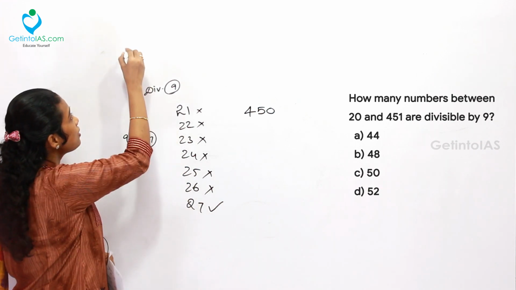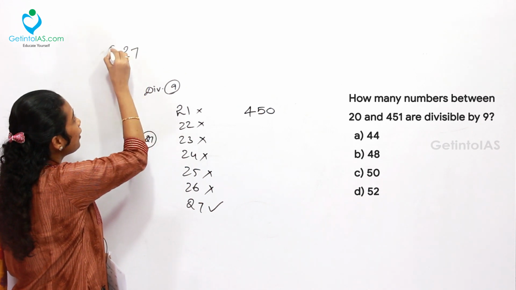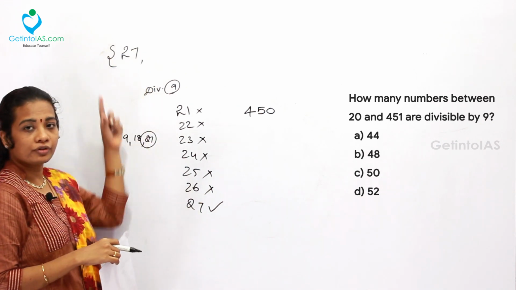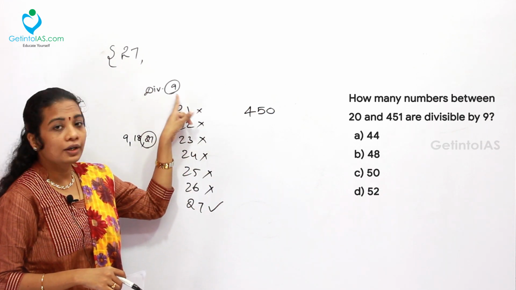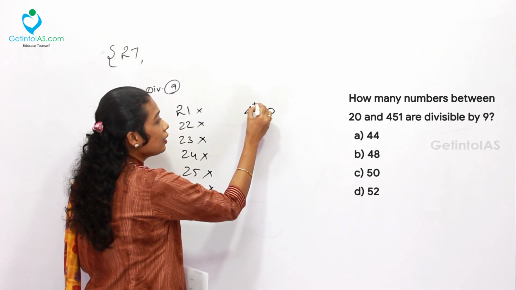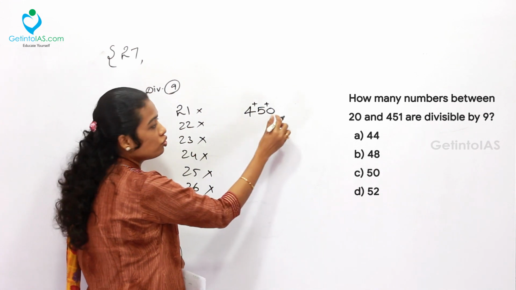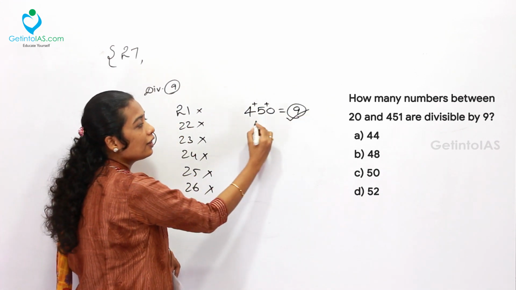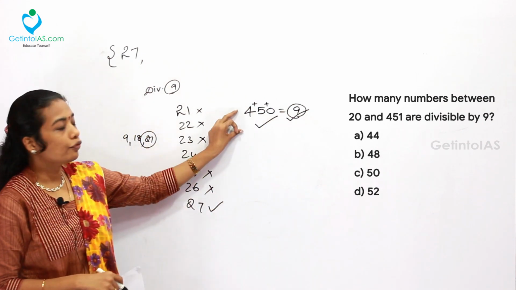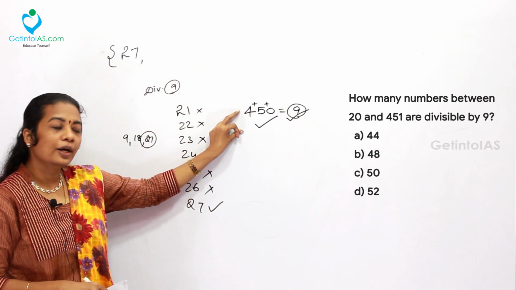So the series will start with 27. That is A, the first term. Then 450, let us check. What is the divisibility rule for 9? Sum of the digits, that is 4 plus 5 plus 0, which is 9, a multiple of 9. So definitely we can say directly 450 is divisible by 9.